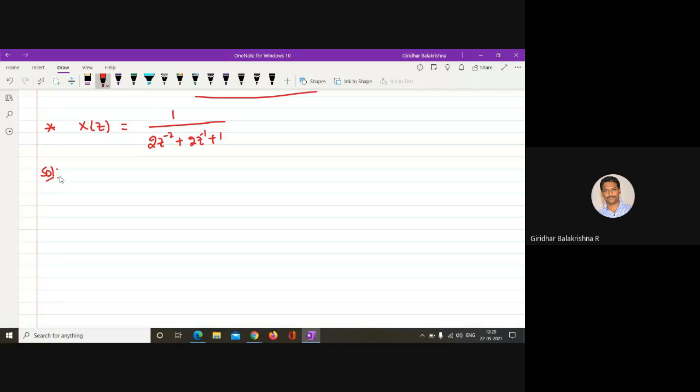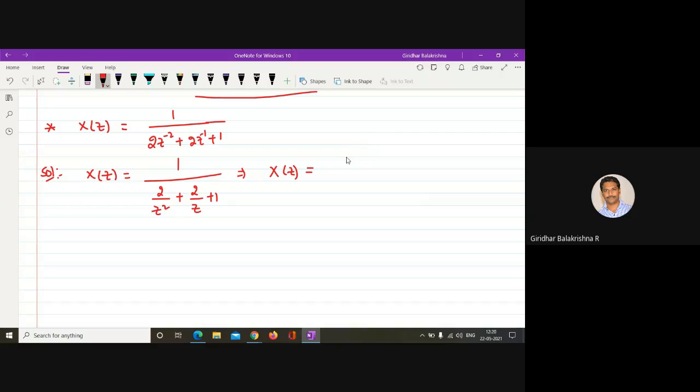So what is the first step? X of z should be in the form of z. So convert this. X of z equal to 1 by, this can be represented as 2 by z square plus 2 by z plus 1. Take LCM and tell me the expression for x of z. So if you take LCM, you will get z square.